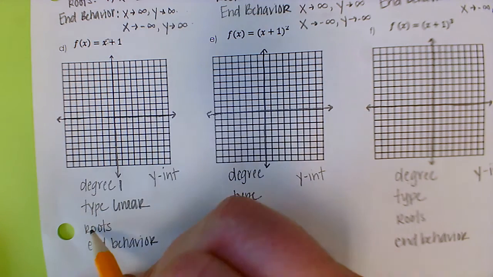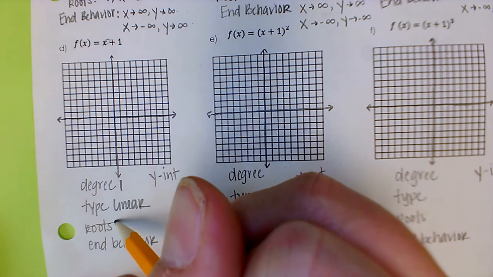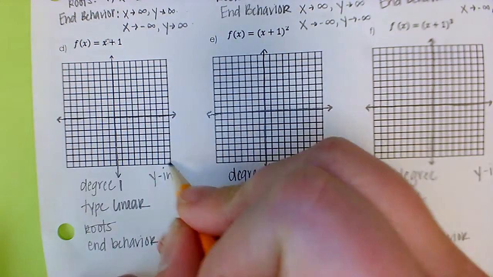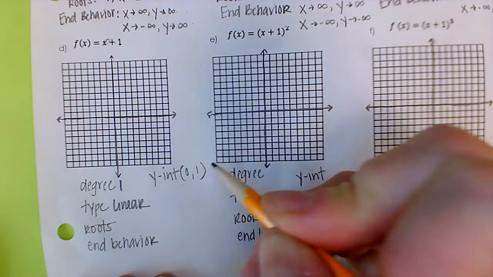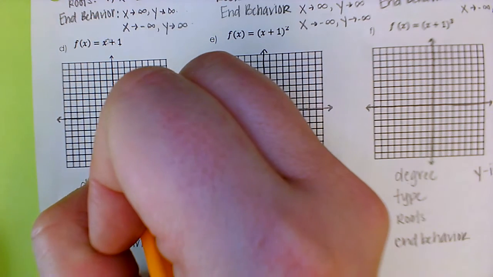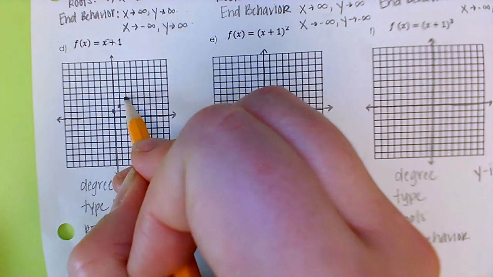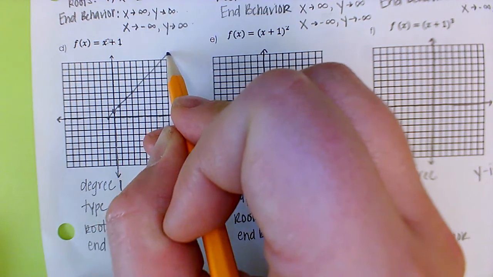Our roots. In this case, it's going to be linear. It's easier to graph linear, in my opinion, without really doing the roots and stuff. So I look at linear as saying my y-intercept is the b part. So that's 0, 1. So we're going to go to 0, 1. Remember our slope, rise 1, run 1. So this one's a fairly easy one to graph.